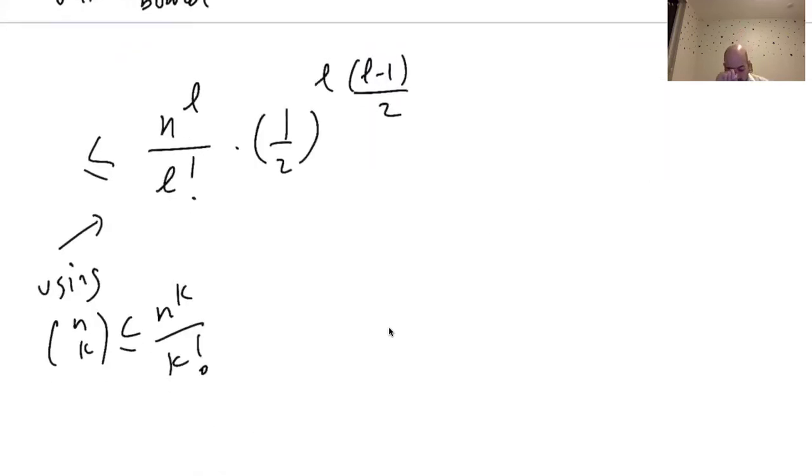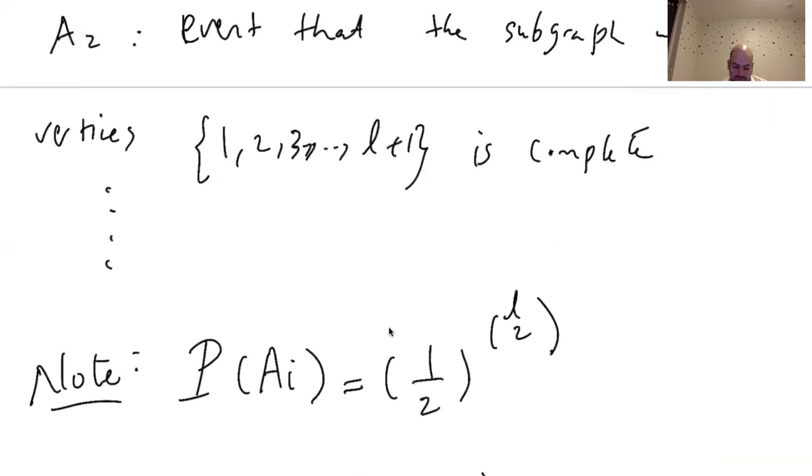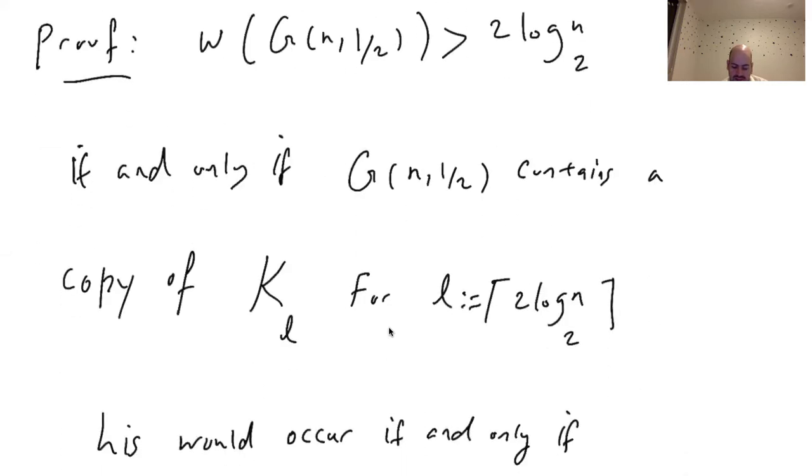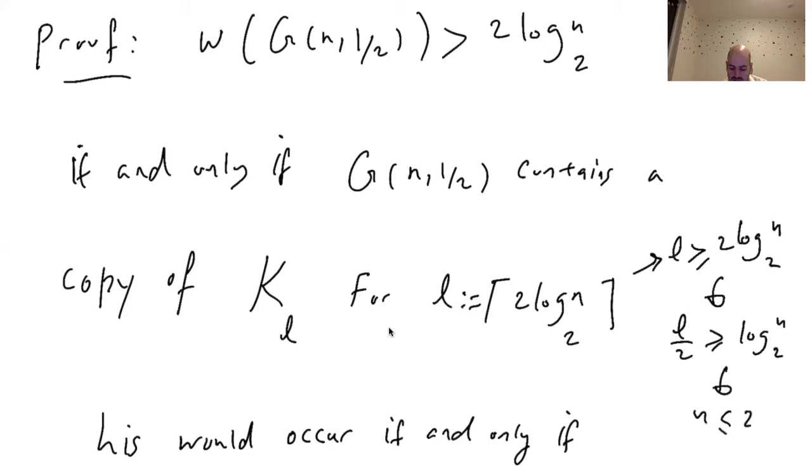And now what do I know about n? We knew that L was the ceiling of this guy. So what does that mean? That means L is bigger than or equal to 2 log n. And that means L over 2 is bigger than or equal to log n. And that means n is less than or equal to 2 to power L over 2.